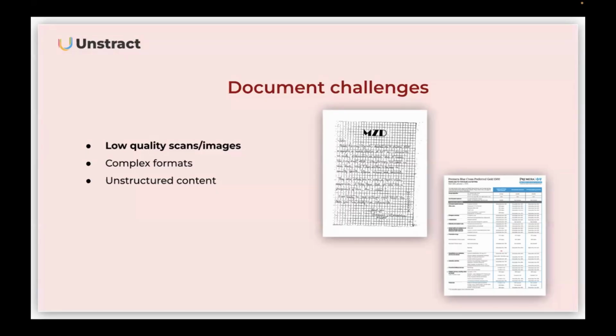So the first challenge we have is low quality scans or images. Now, businesses largely still run on physical documents. These documents are usually scanned and uploaded into systems at a later stage for better maintenance or analytics, because these documents again contain invaluable business insights. But what we see today is that not at all times are we going to get a good scan. We could have scans with bad lighting, low resolution scans, skewed scans, or we may even be dealing with watermarks.